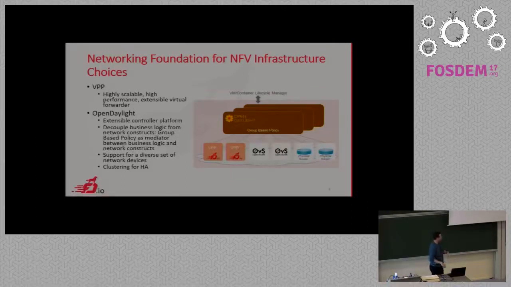So when speaking about GBP, GBP is a plugin in Open Daylight that allows you to transform a policy into a network configuration of devices. So you take your business logic, use cases, and GBP will transform it into a config.